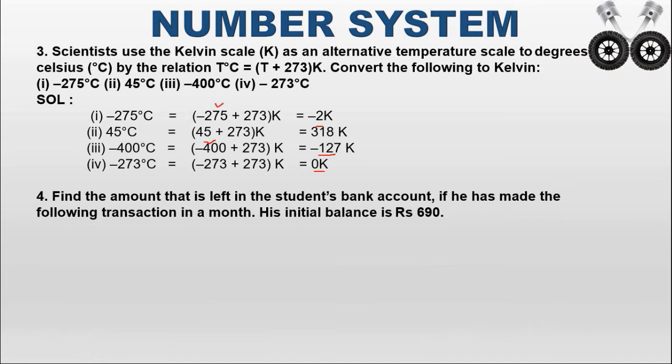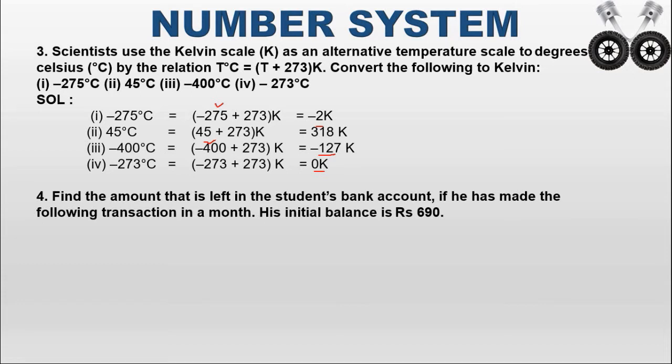So the next problem: find the amount that is left in the student's bank account if he has made the following transaction in a month. His initial balance is 690 rupees. So what is the problem given here? There is a bank, and in that bank one student has an account.